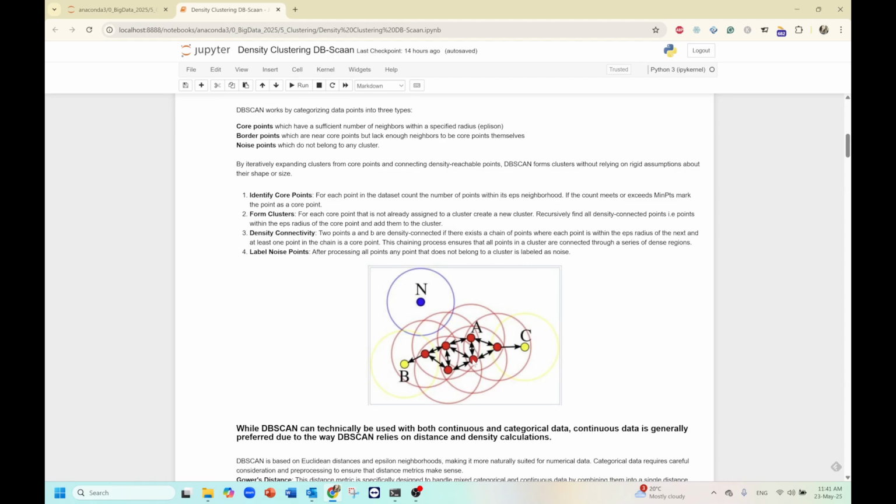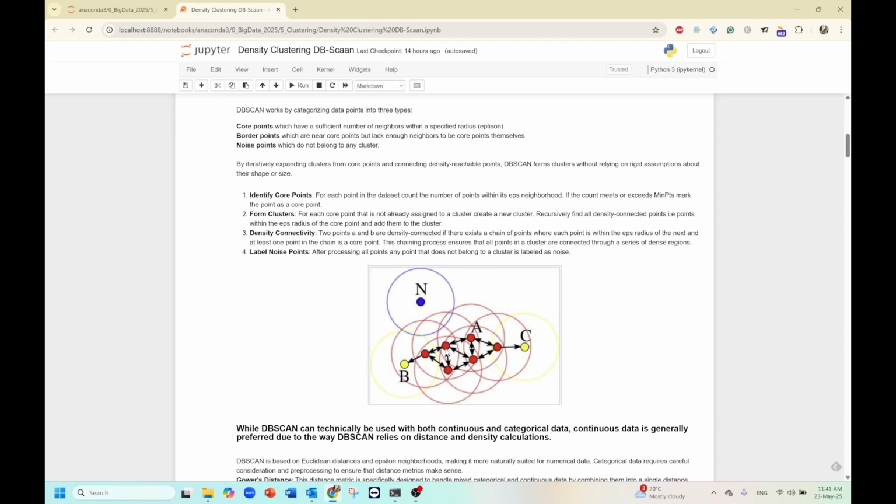So the first step is to identify these core points by drawing a radius around an arbitrary, randomly selected point for the algorithm. Then how do we form a cluster? We form a cluster by randomly selecting, the algorithm will do that, one of these core points, and then it will start expanding.